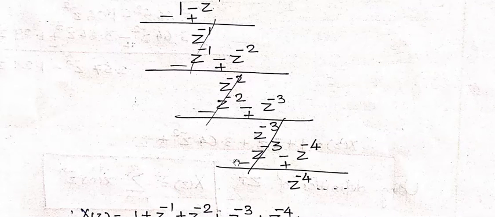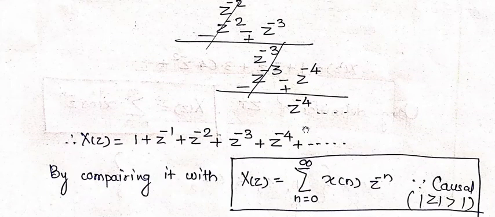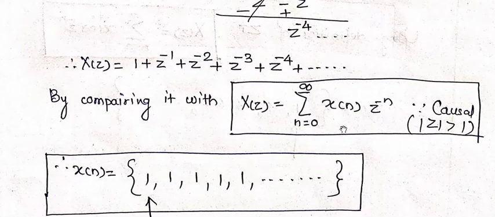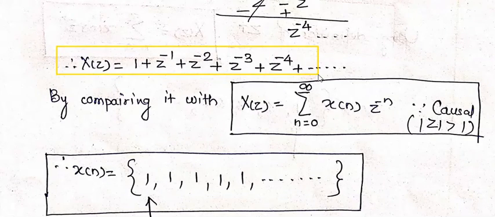For this method, if we want to represent x of z, it will be of this particular format, that is the quotient. This is the x of z we just obtained over here, which is the quotient. So if I want to represent this x of z, it will be in this format: 1 plus z inverse plus z raised to minus 2 plus z raised to minus 3 plus dot dot dot.